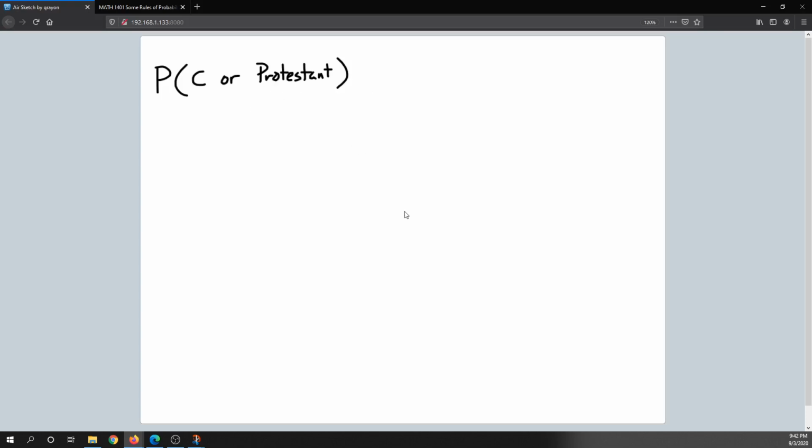You've got to select one or the other. And so therefore, Catholic and Protestant would be mutually exclusive. There's nobody that is both of those two denominations or religions, however you want to say it. Okay? So they're mutually exclusive.